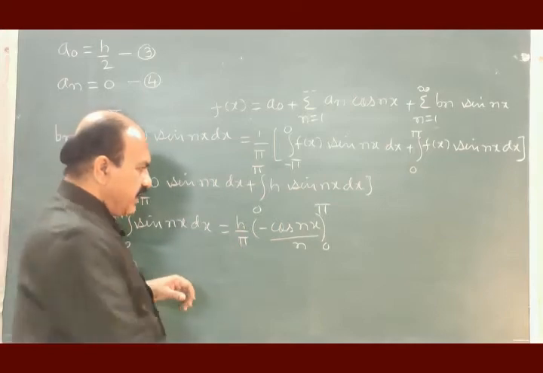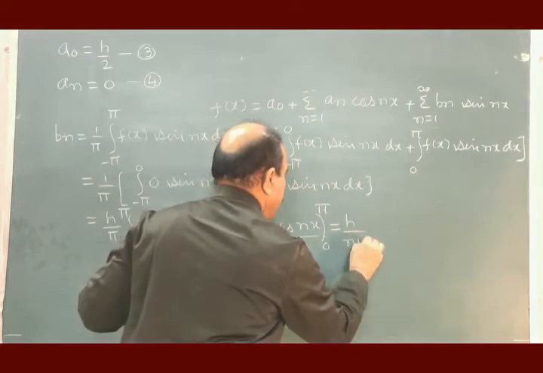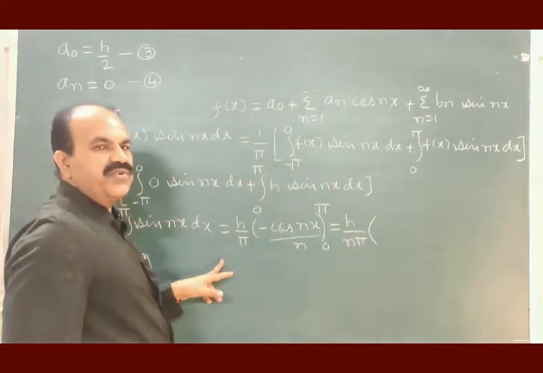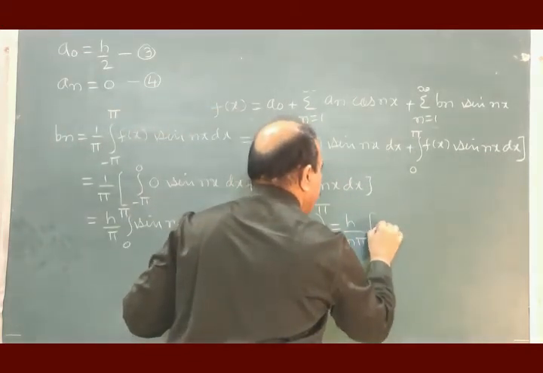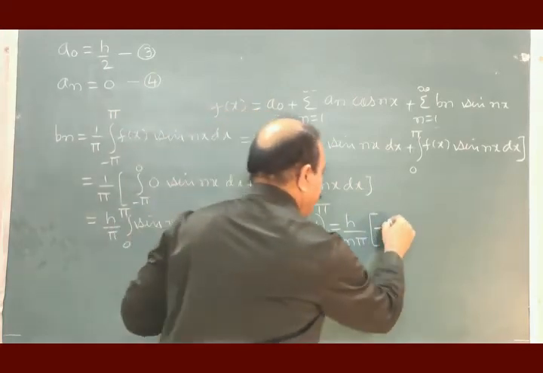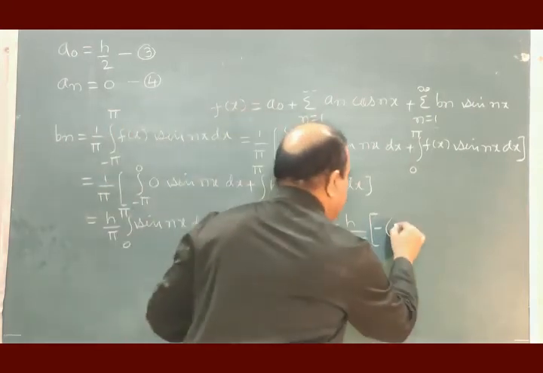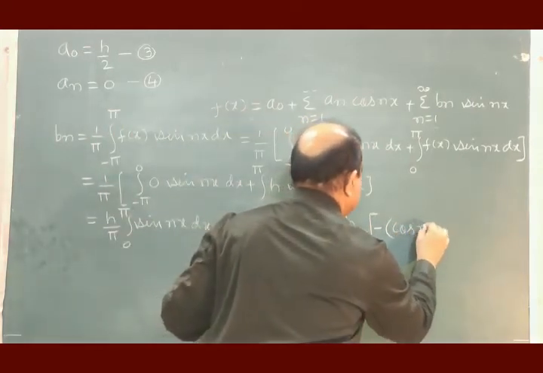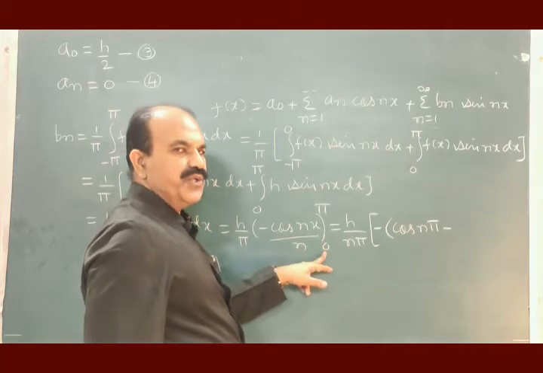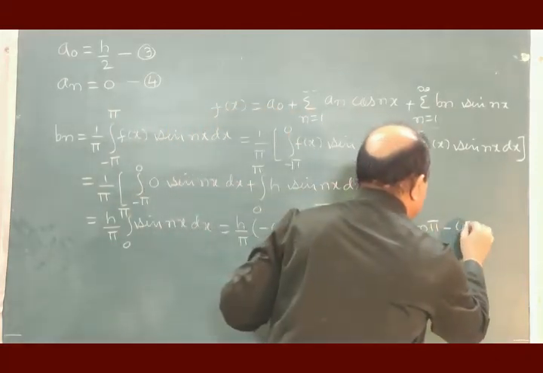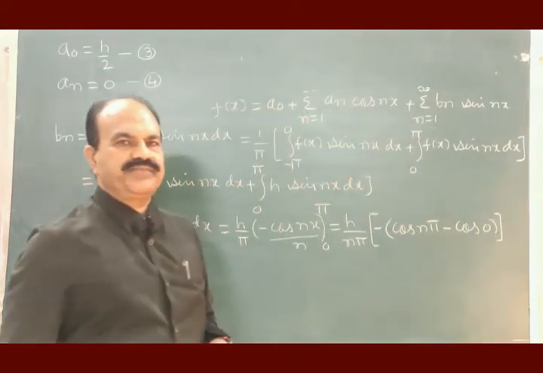Okay, then this is h divided by n pi, this n is taken outside as common, minus this minus sign. For x first put pi, so it is cos n pi minus, then put x is equal to 0 as the lower limit, cos 0, both brackets completed.